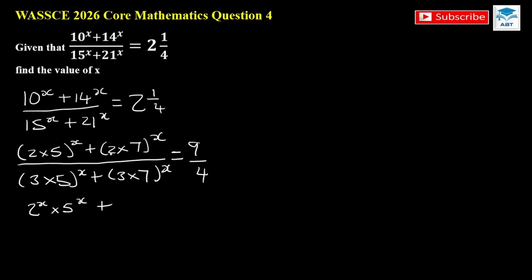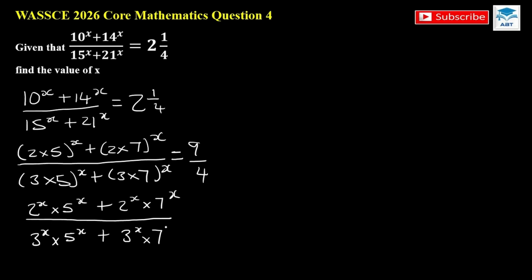The exponent here will affect 2 and 7. So we have 2^x times 7^x at the numerator. And at the denominator too, we'll have 3^x times 5^x here. And here we'll have 3^x times 7^x. And we equate it to 9 over 4.